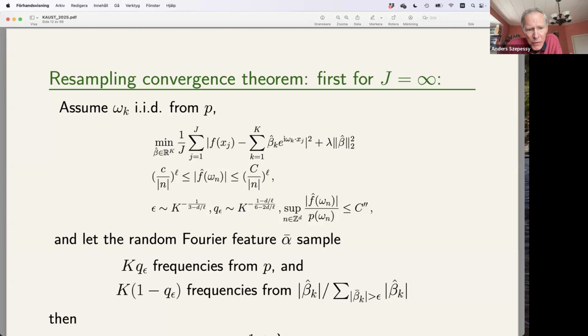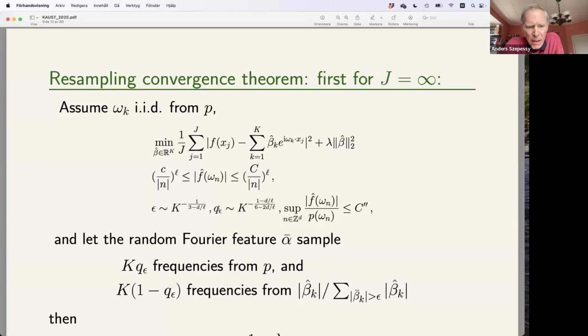So then the frequencies omega are pi over some length in the periodic domain times a value n representing a lattice point in Z^d. And we also need a lower bound of the Fourier transform in our proof.